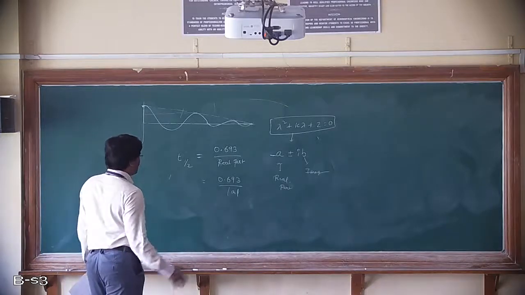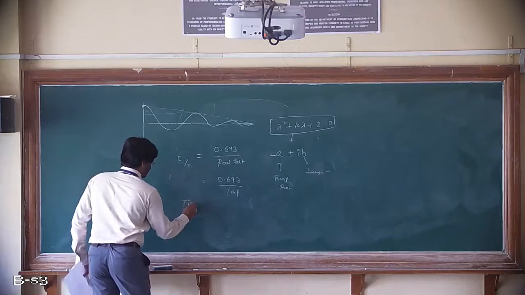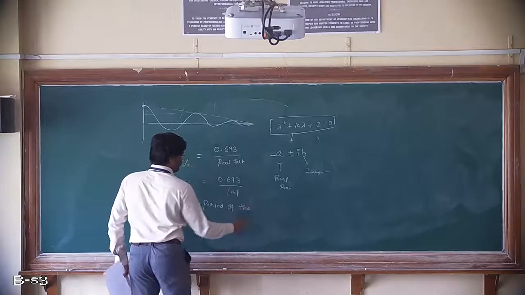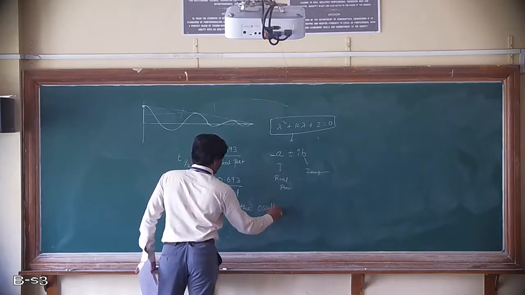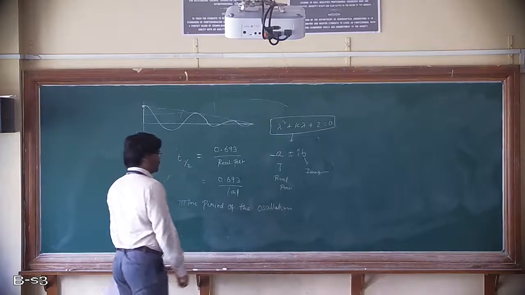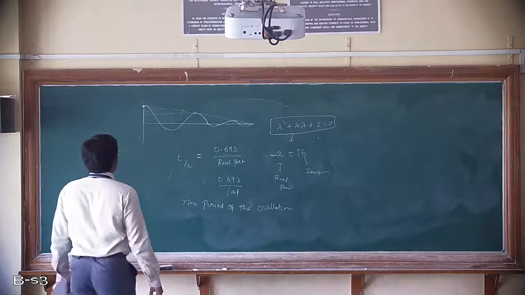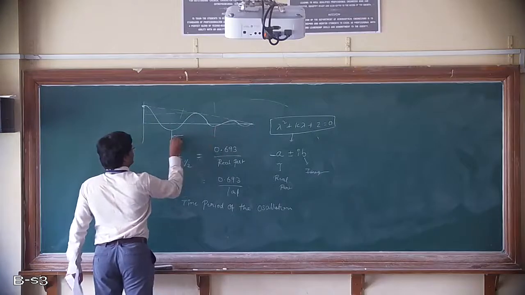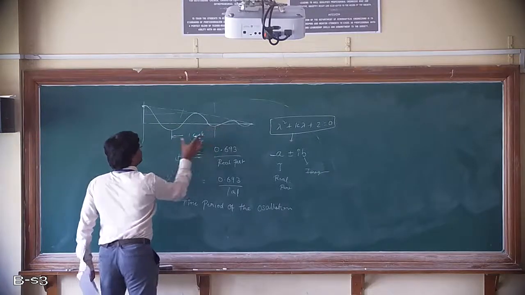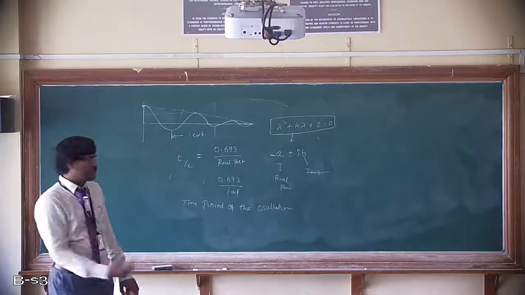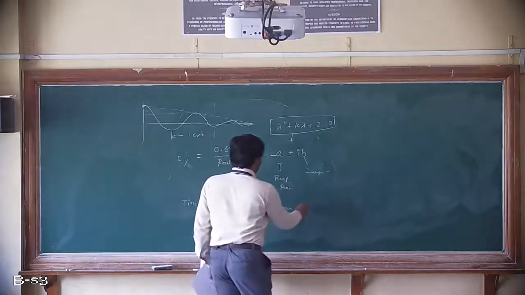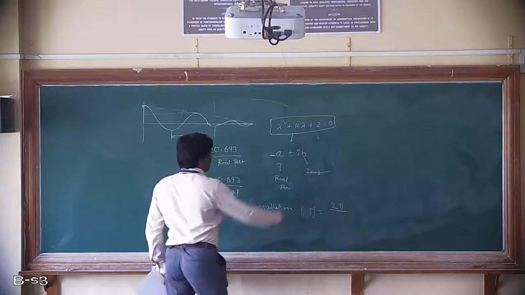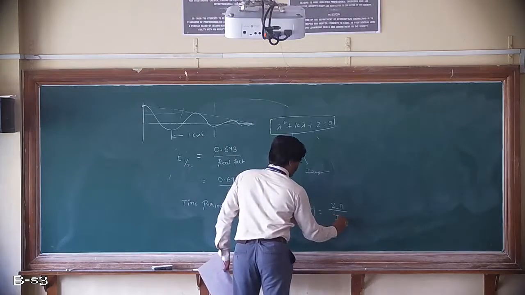Okay, next you need the time period of the oscillation. Time period means how much time it will take to complete one cycle, from here to here, right?